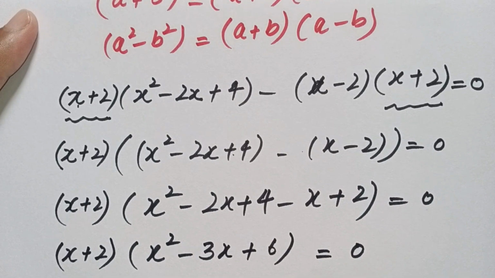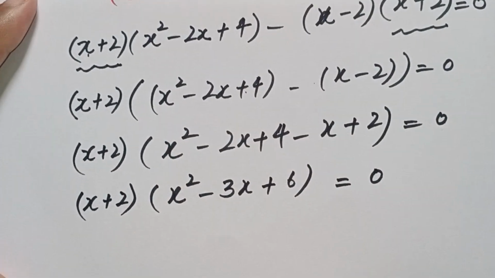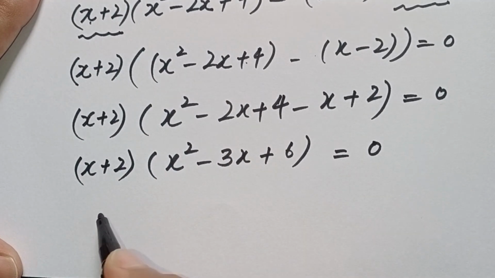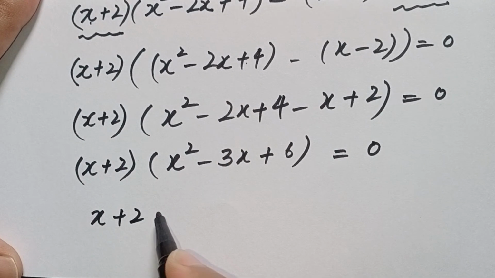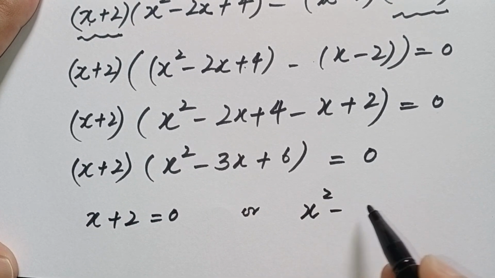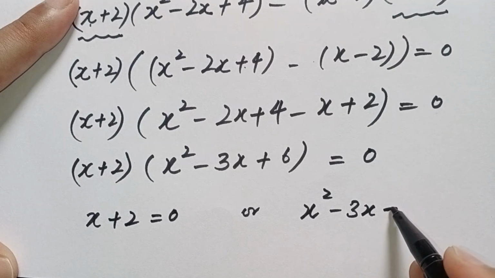So from here we have x plus 2 is equal to 0 or x square minus 3x plus 6 is equal to 0. We can write them in the form of two equations.